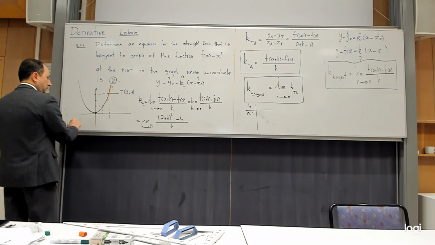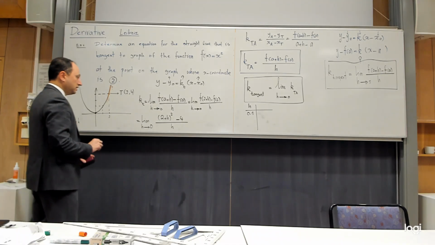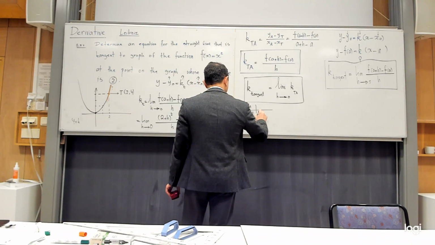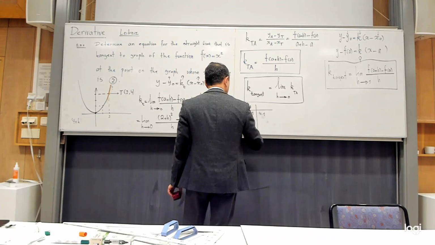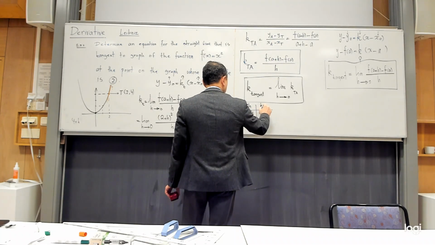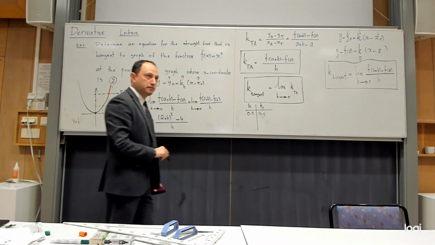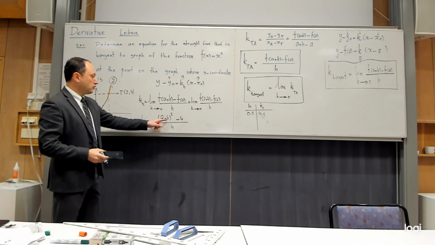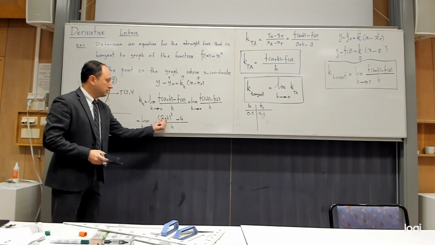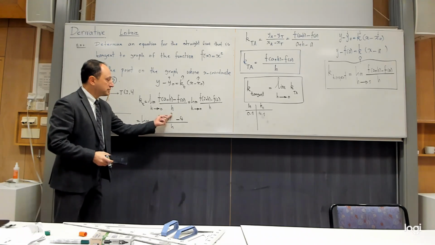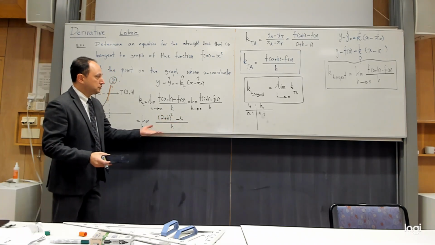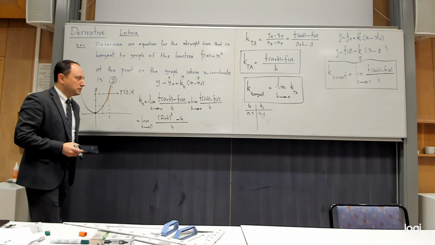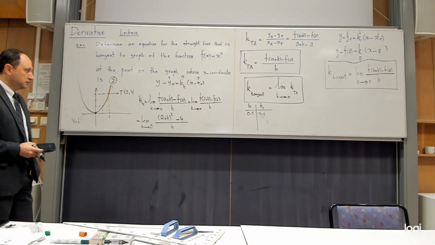So I think if you do it correctly, it should be 4.1, approximately. Take your calculator, put 0.1 here, calculate 2.1 to the power 2 minus 4, divided by 0.1. Can you confirm that? Did you calculate that? So it becomes that number. Hopefully I am right.